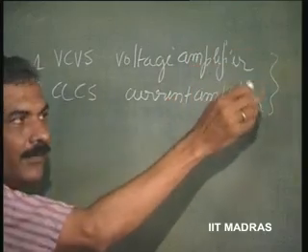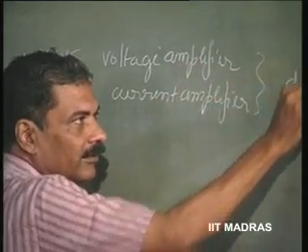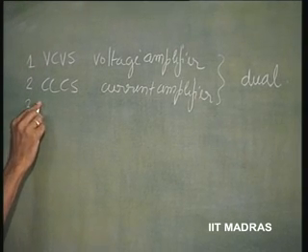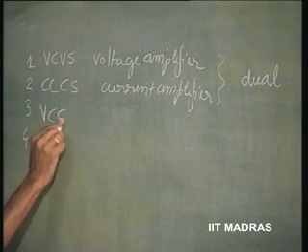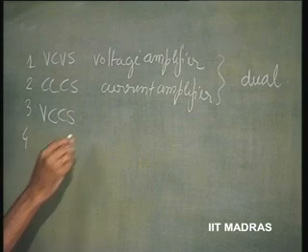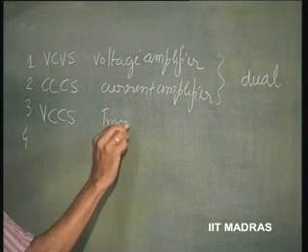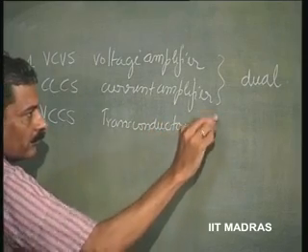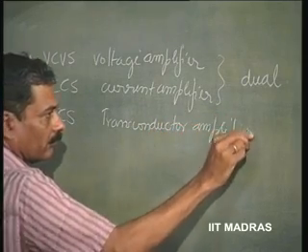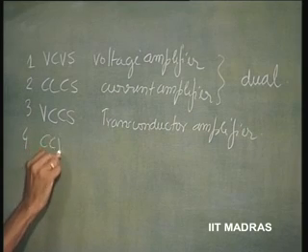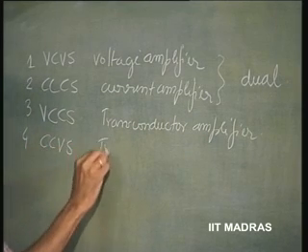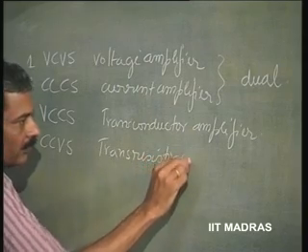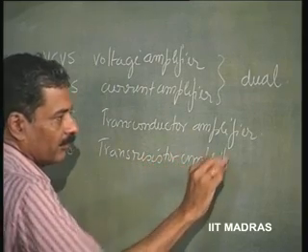One is the dual of the other. Then we have voltage control current source, which is called transconductor amplifier, and current control voltage source, which is transresistor amplifier. These are once again what are called duals.